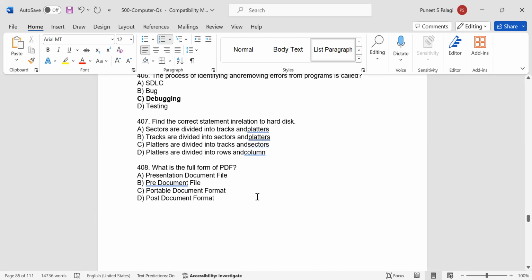Sectors are divided into tracks and platters. See the options. So for this, you need to first understand the division of a hard disk, how the segmentation will be done. The right answer from these is option C.